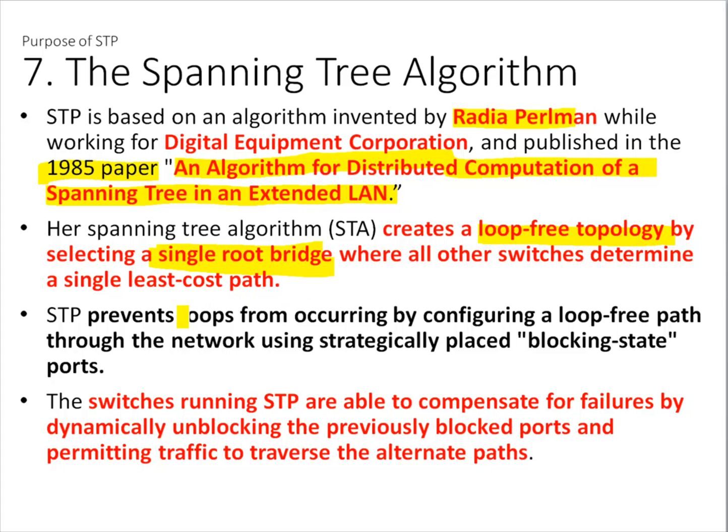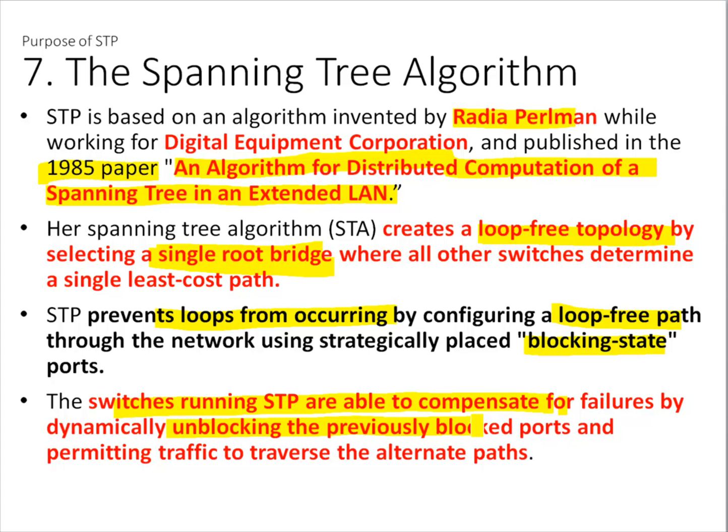Then it is going to prevent loops, avoiding the loops completely. If there is a loop, it is going to block the particular port. You can block the particular port, do the recalculation also, and open the port whenever you want. Switches running STP are able to compensate for failures by dynamically unblocking ports. So a recalculation concept is also available.